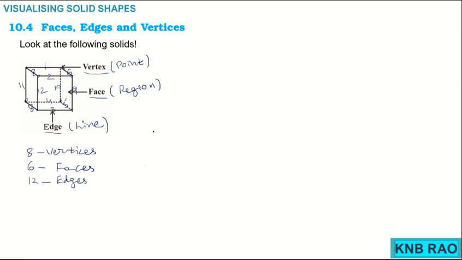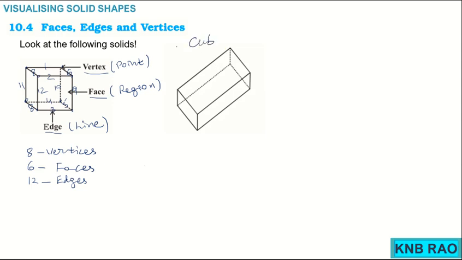Watch some more solid shapes further. Here is a cuboid. If you observe, even in this cuboid, same 8 vertices are there, 6 surfaces are there and 12 edges are there.